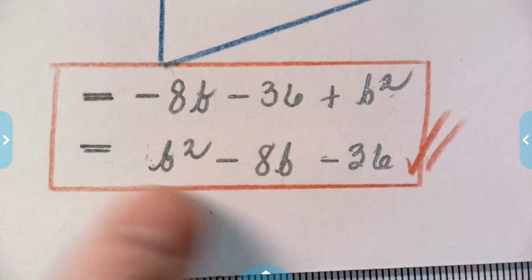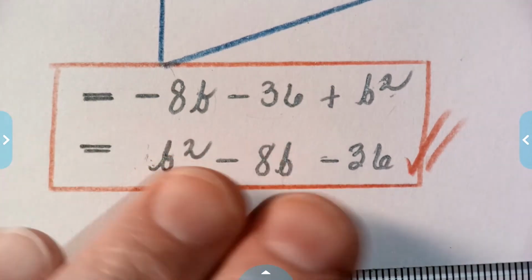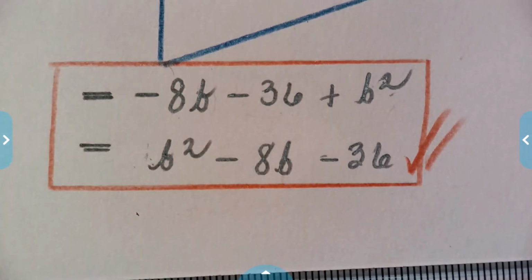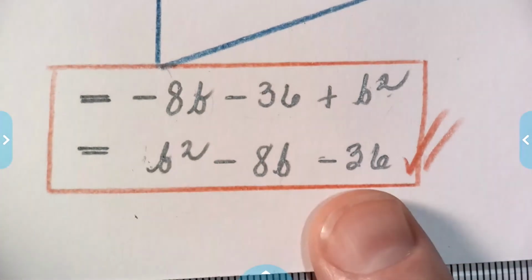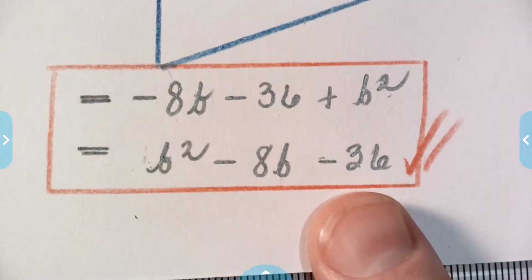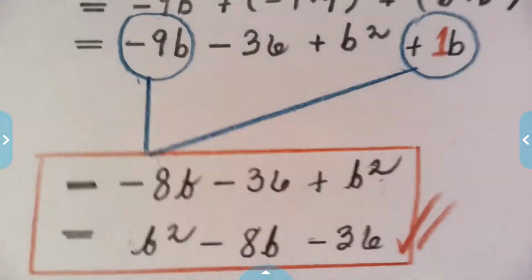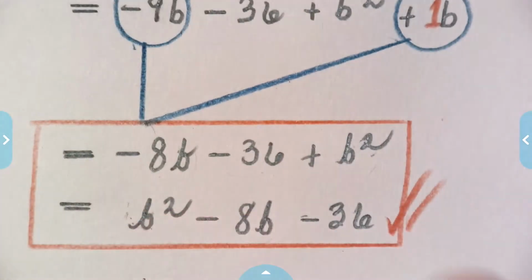This is the quadratic form, and this becomes very important later on in Algebra 1. So really just order by decreasing order of exponents, and you'll be fine. Okay, so we're moving on to number 7.